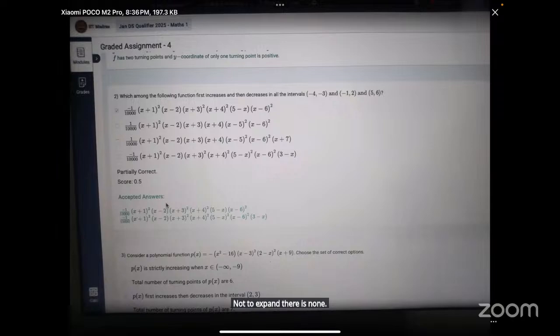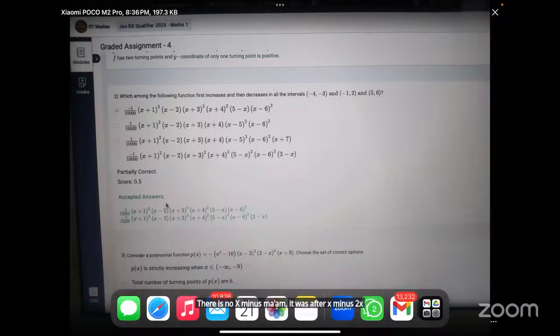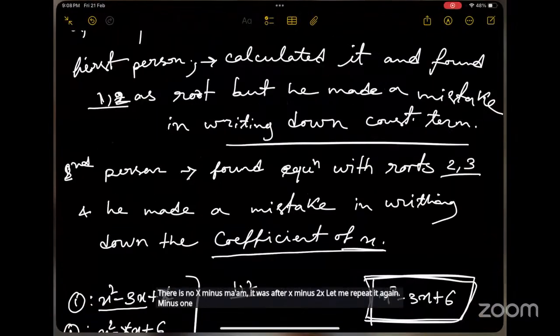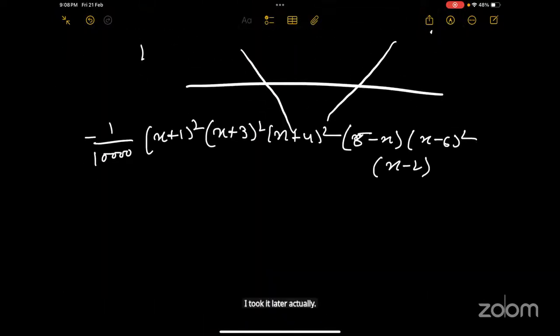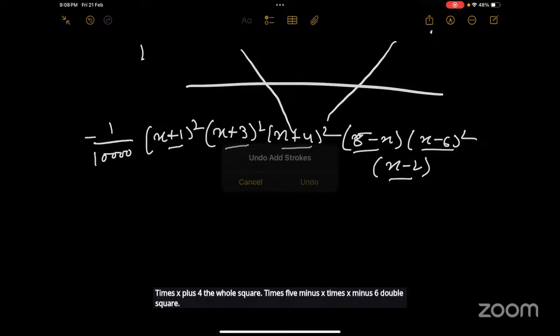Okay, let me repeat it again. So that's minus 1 by 10,000 times x plus 1 the whole square times x minus 2 times x plus 3 the whole square times x plus 4 the whole square times 5 minus x times x minus 6 the whole square. So this is the equation, right?